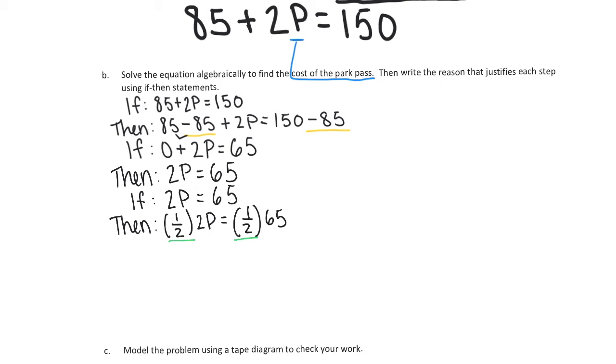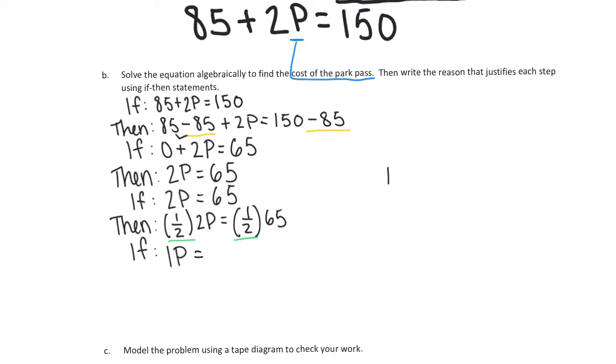Then if 1P, because remember, when we multiply inverses together, we get an answer of 1. So if we have 1P equals 65 over 2.